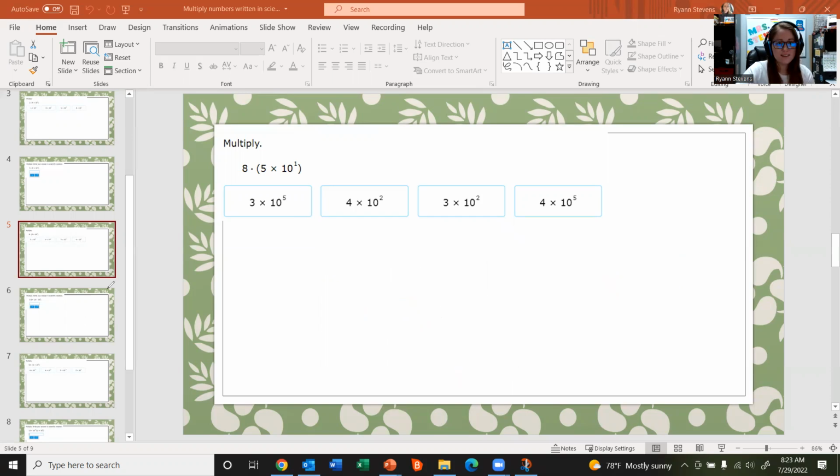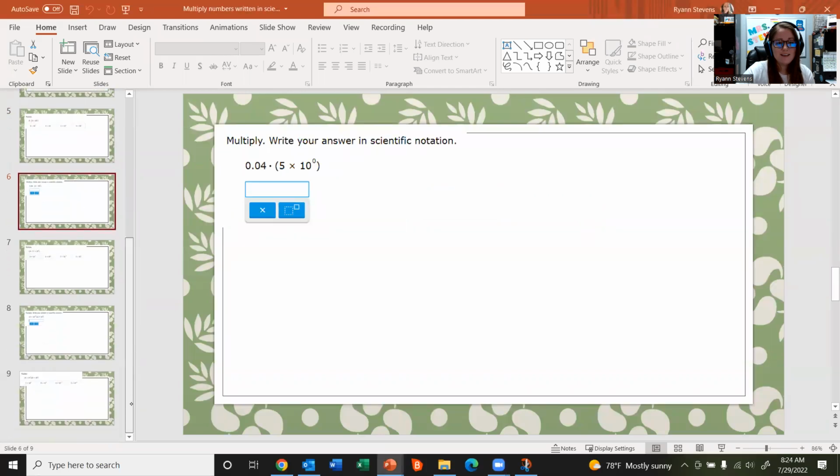All right. So looking at this next question, now we have a decimal. Scientific notation we can use for very small numbers as well, but remember that also means that you're going to have a negative exponent.